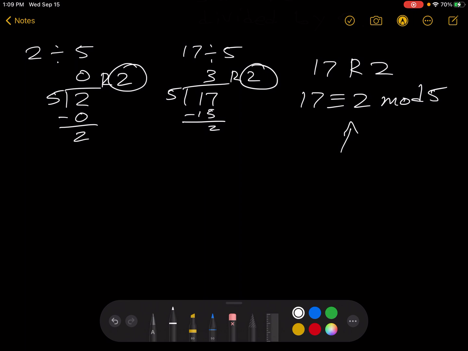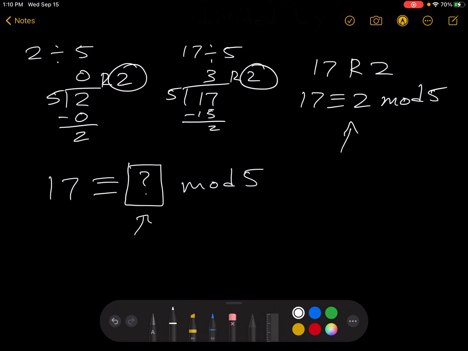So let's say you had a problem like this on the homework. 17 is congruent to, and then you have to fill in this box. You don't know what goes there. Mod 5. And they say in the homework that this number has to be one of the numbers 0, 1, 2, 3, or 4. We've already seen from above that what goes in there is 2.